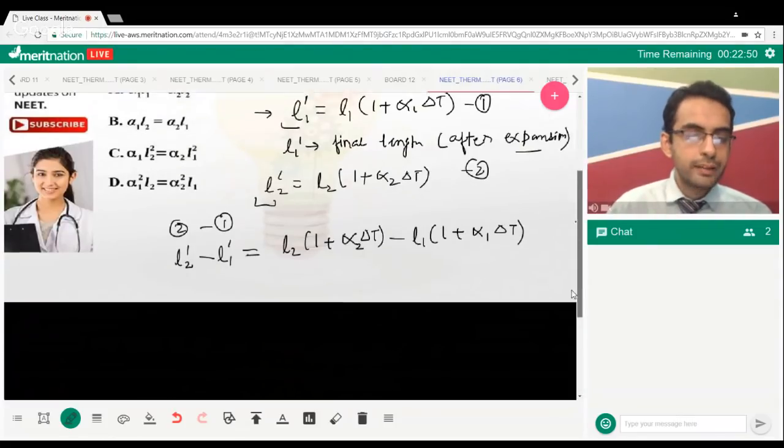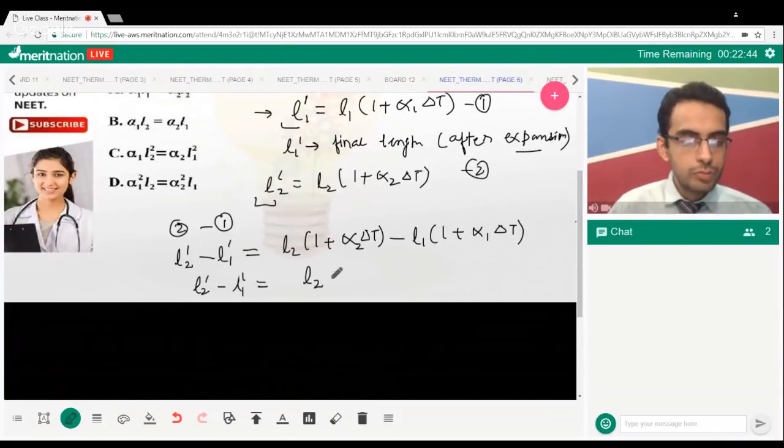You subtract them, and you simply get L2 dash minus L1 dash is equal to L2 minus L1 plus delta T, which can be taken common, times (alpha 2 minus alpha 1).